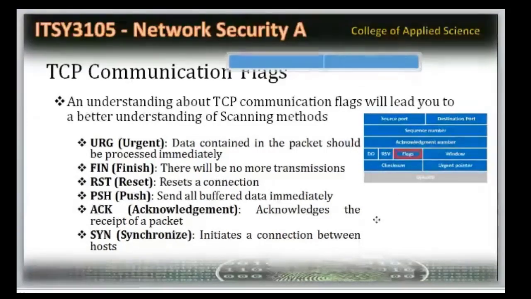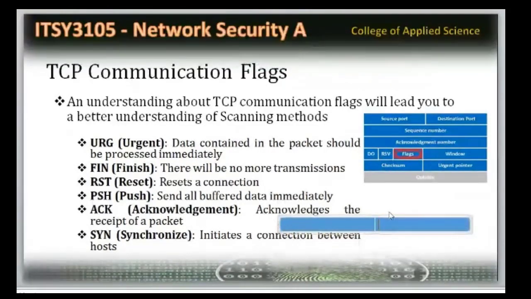The data is coming from the previous layer, that means from the application layer, presentation layer, and session layer. So the data is coming to the transport layer. We are in TCP, so this is going to be layer 4, that means transport.